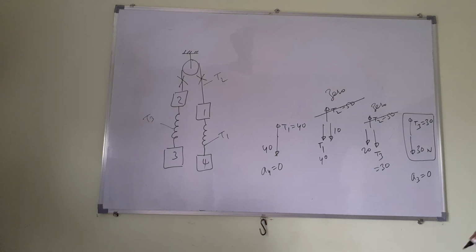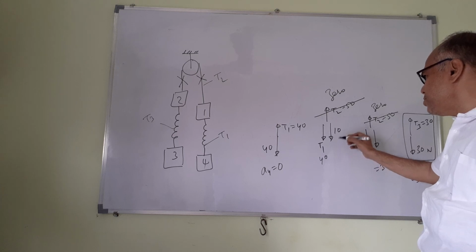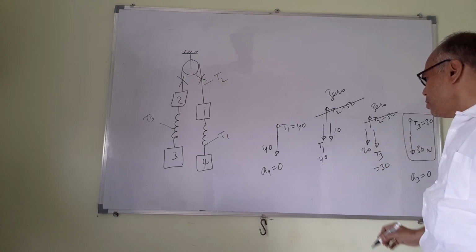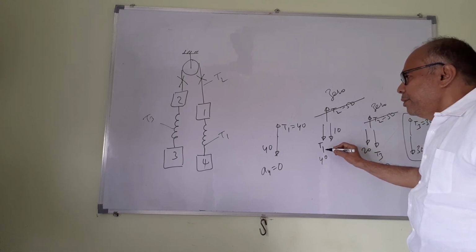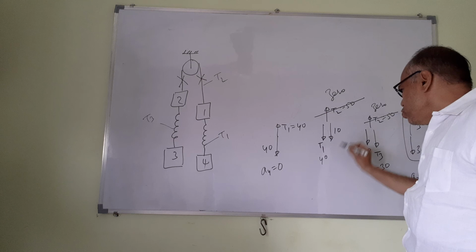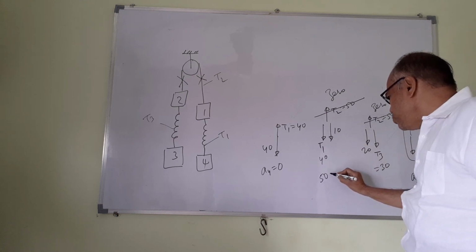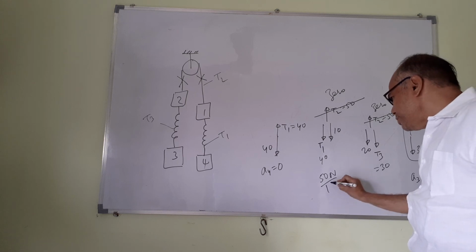Let's come to the 1 kg block. This is the 1 kg block, 10 newtons. T1 remains 40 because the spring is still in an extended state. So the net force is 50 newton downward. And the mass is 1 kg.